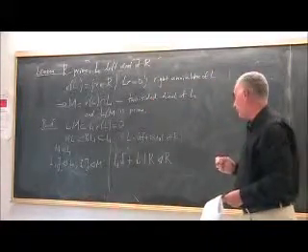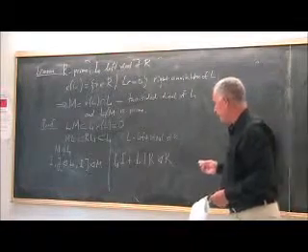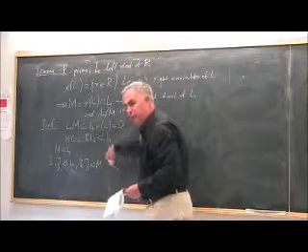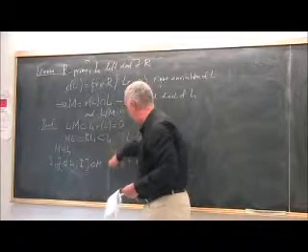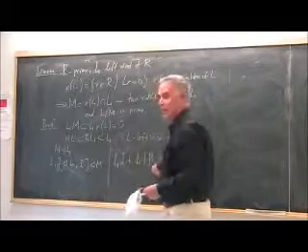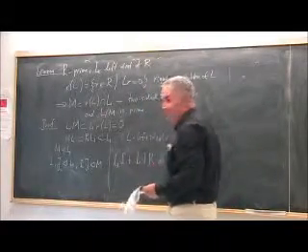The proof: it is clear that L is an ideal, so if you multiply from the right or left, you get something. If you multiply here from the right, this goes here. So this is obvious.